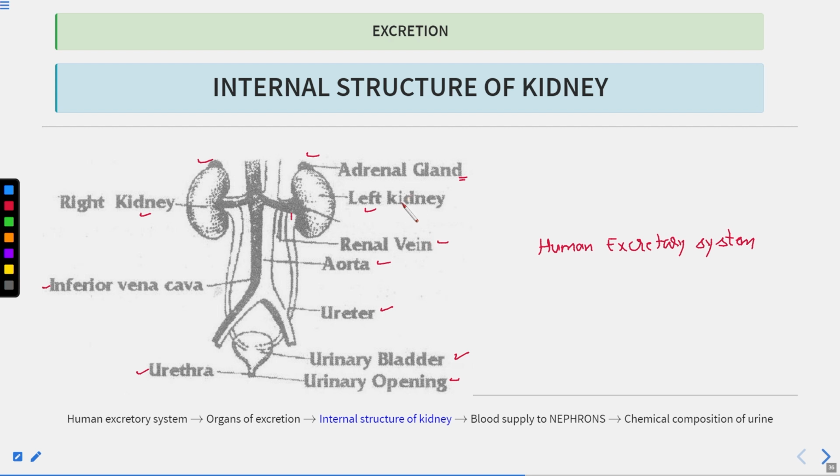So there are two kinds of vessels here: one is the renal artery, another one is the renal vein. So this renal artery carries oxygenated blood.